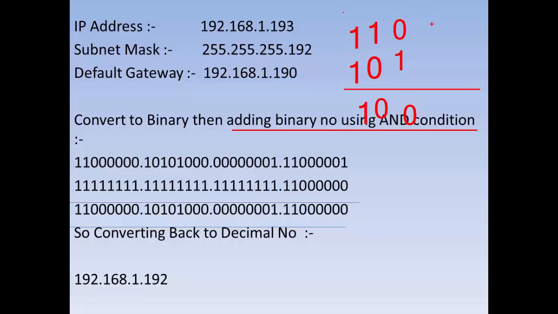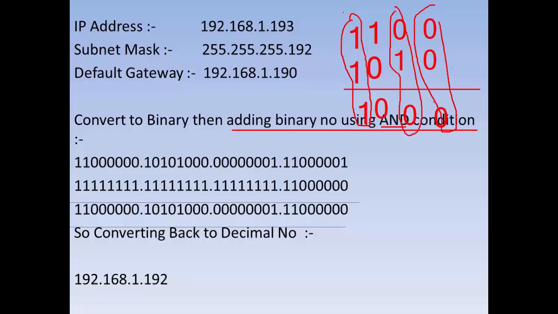And 0 and 0, the end result will be 0. Got it? So this is the binary operation: 1 and 1, the end result will be 1 when we use the AND condition. 1 and 0 is 0, and 0 and 0 is also 0.